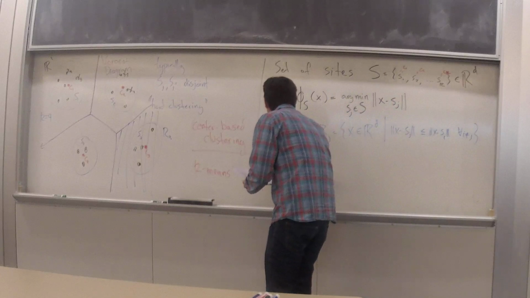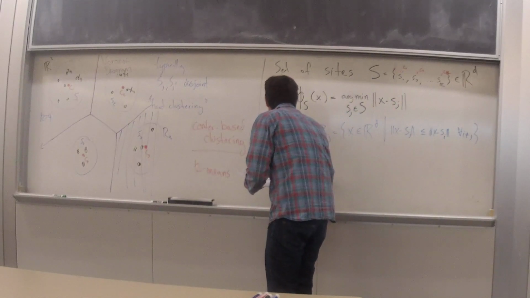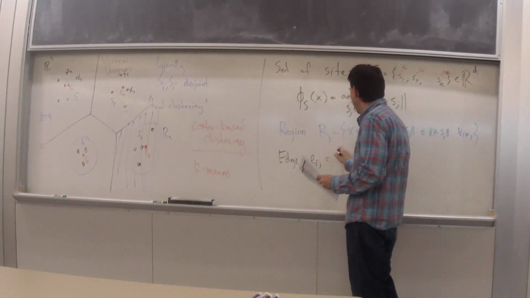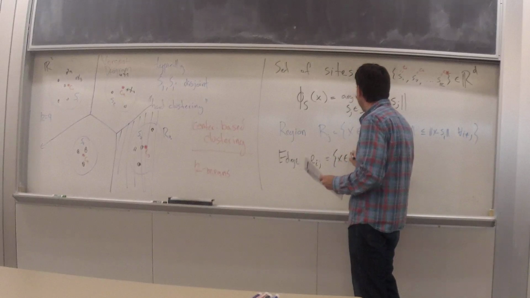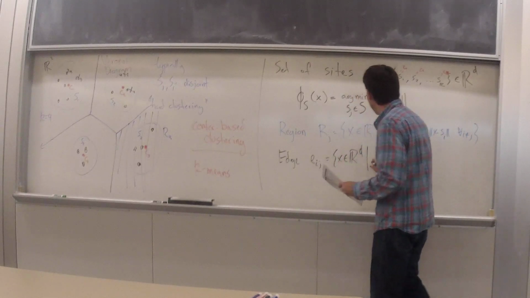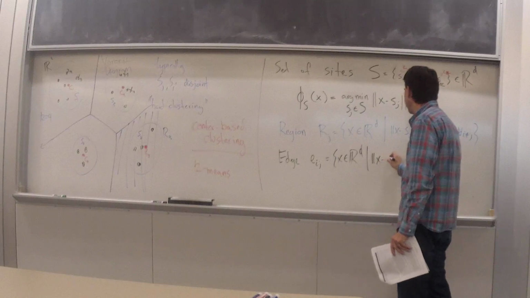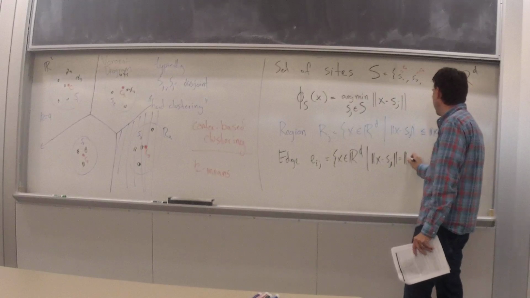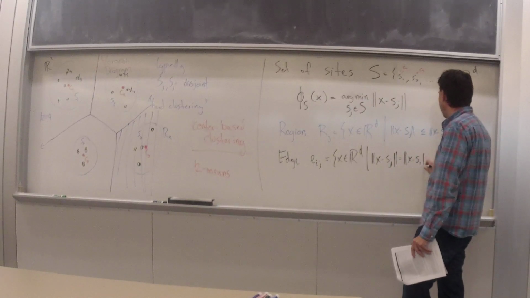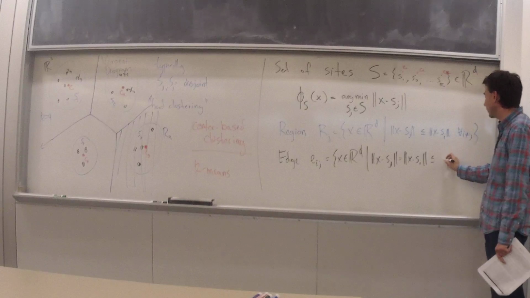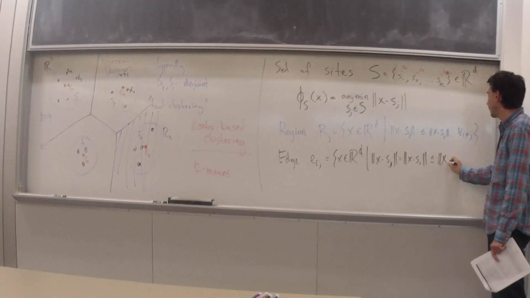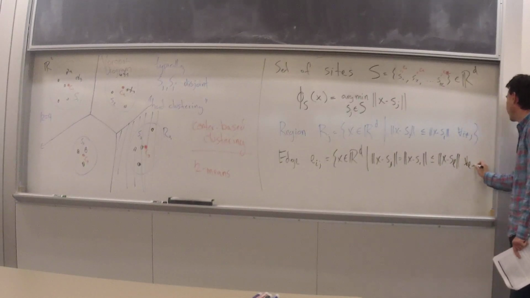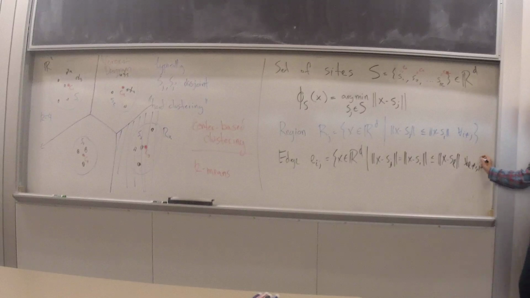I can define an edge e_ij, and this is the set of points in R^d such that ||x - s_j|| = ||x - s_i||, and this is less than or equal to ||x - s_l|| for all l not equal to i, j.